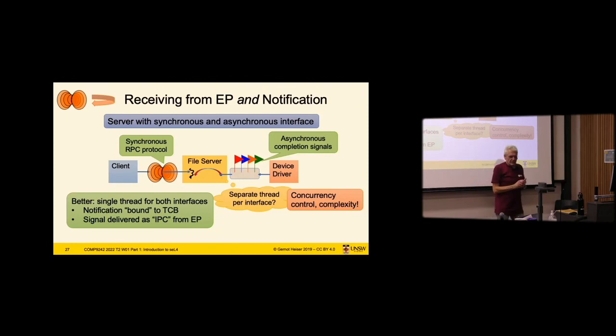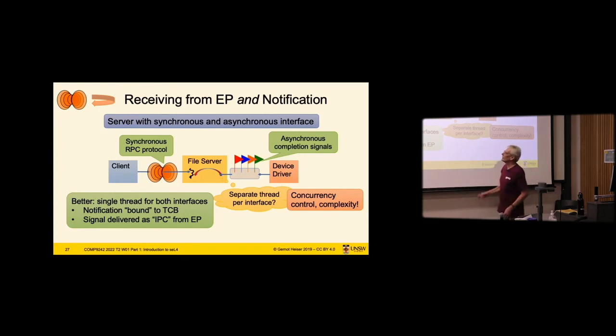It's a bit of a complication, because how does the server thread know that what it's just received was a notification from the driver versus a request from the client? How does it do that? Badges. Using badges, yeah, you're spot on.